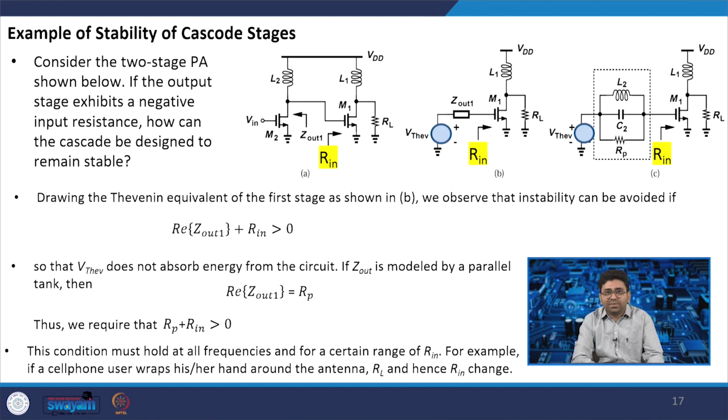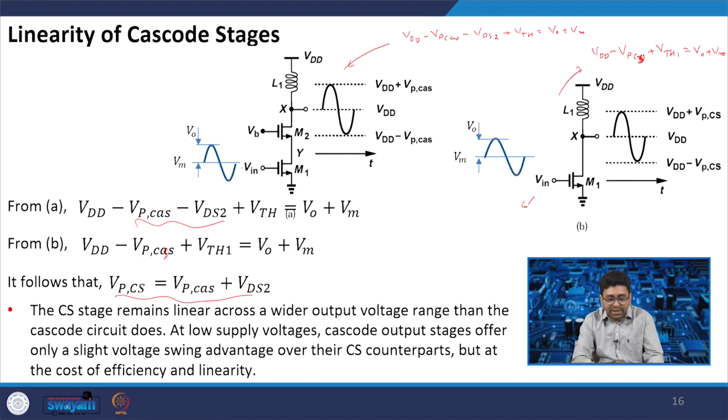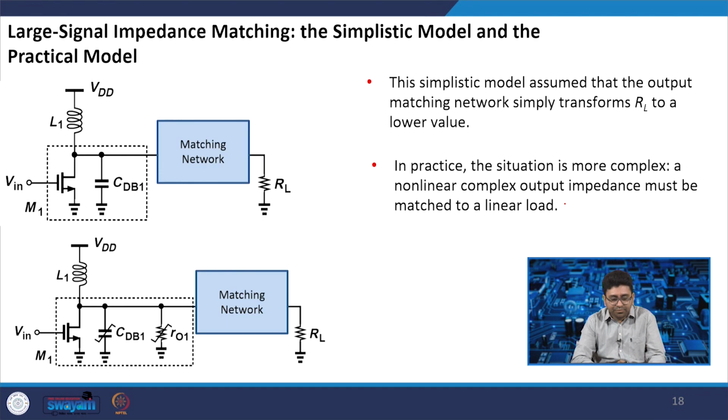The only advantage of this circuit is stability. The stability of this circuit is better compared to a simple common source amplifier, because we are shielding the output from the input. However, the efficiency and linearity are poor.